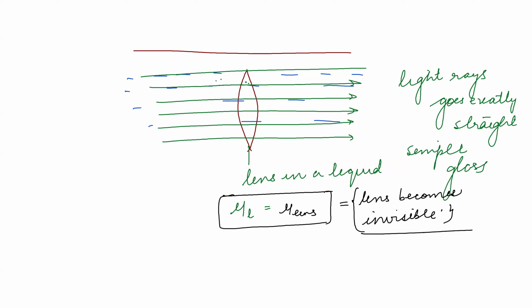Are we understanding? Got the point? The light rays go exactly straight, and the lens will thereby become invisible. Yes or no?